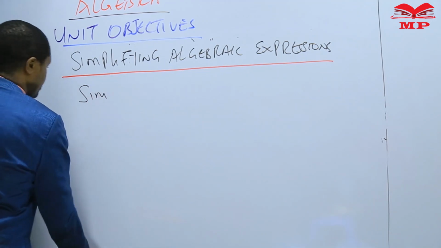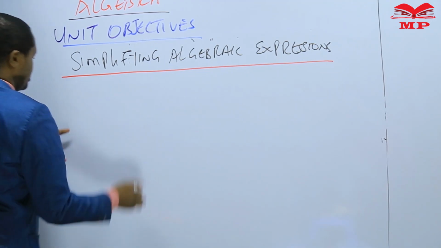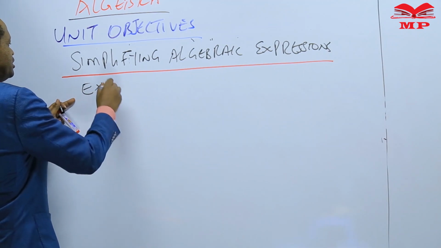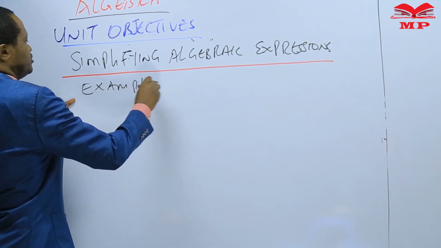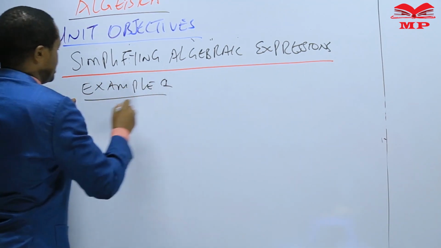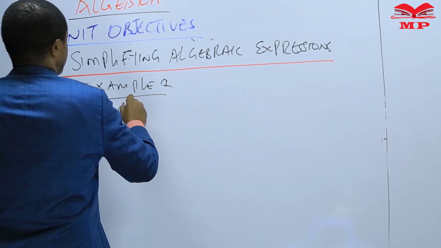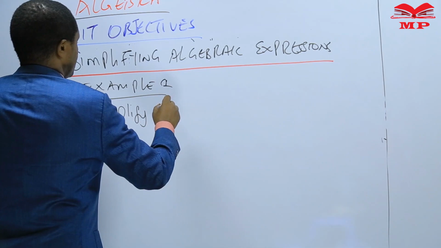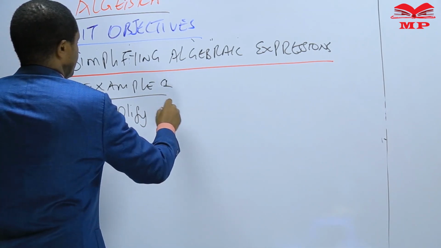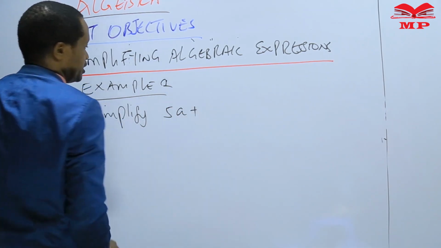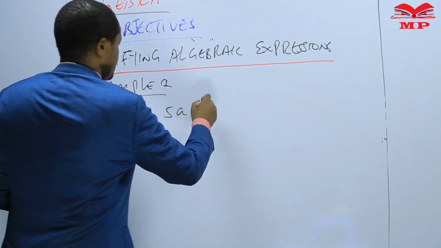Simplify. Example 1. Simplify 5a plus 3a.